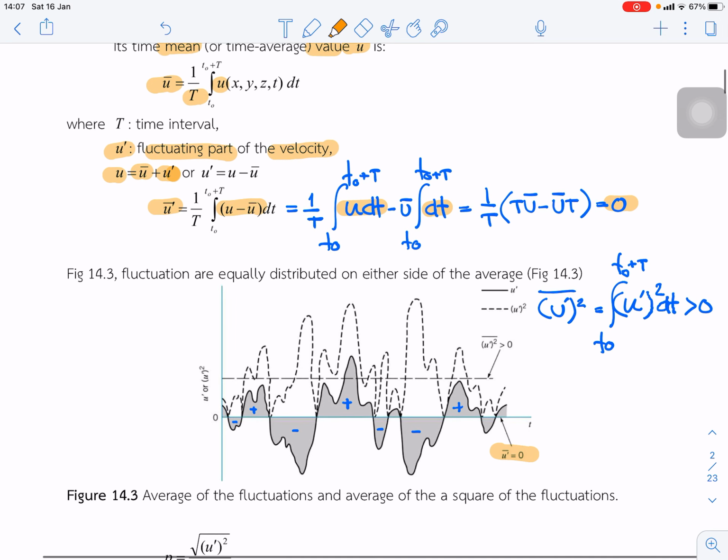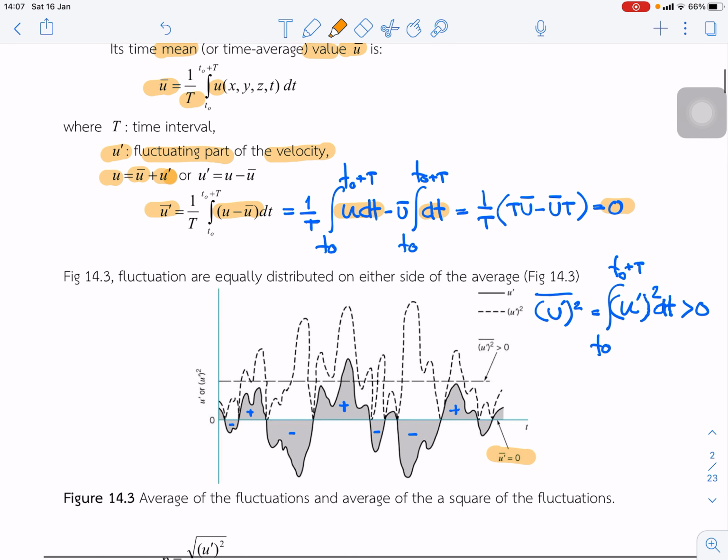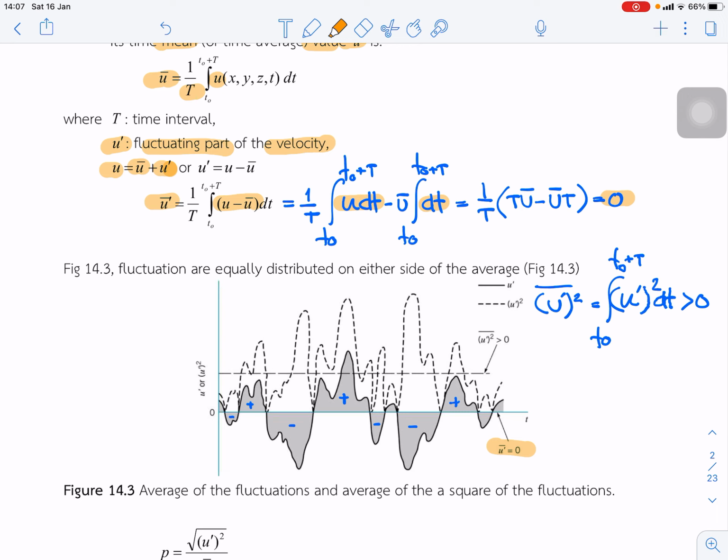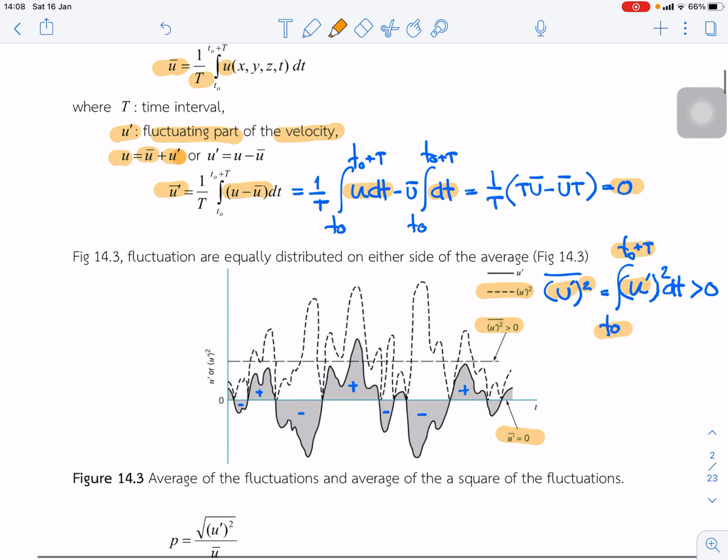To see clearly the fluctuation, we use another way: we square u prime before we take the average, integrating over the time interval. So the average of u prime squared is greater than 0, which shows clearly the fluctuation of the velocity.